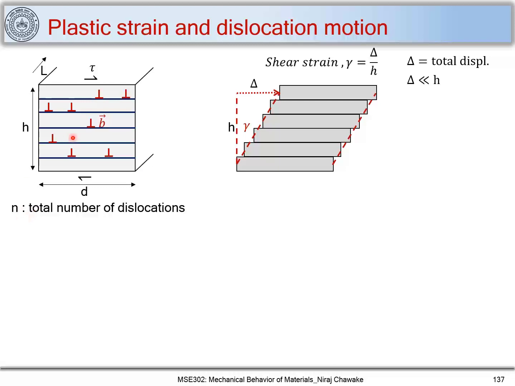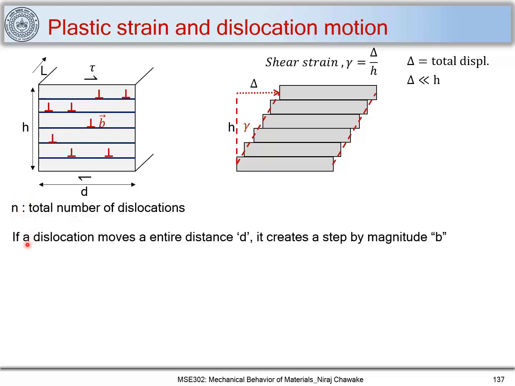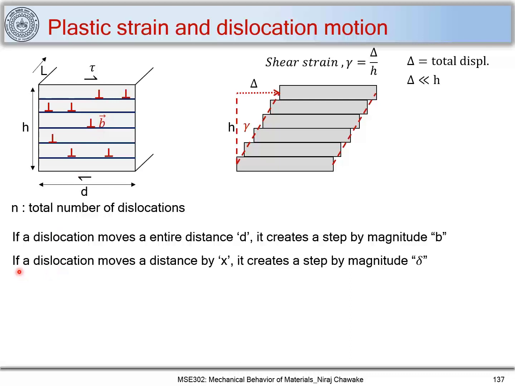Now let's consider the total number of dislocations to be n. If any dislocation moves an entire distance d, it creates a step of magnitude b, because the displacement vector is b, which is the Burgers vector. Now let's consider a general case where a dislocation moves a distance x; it creates a step of magnitude delta.